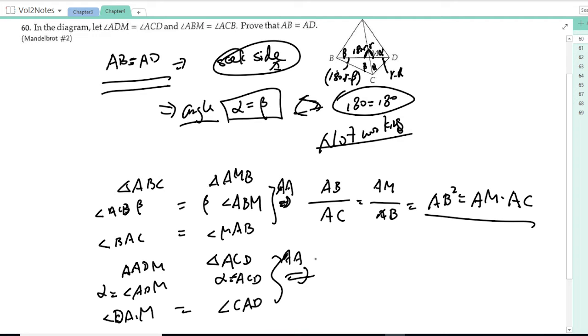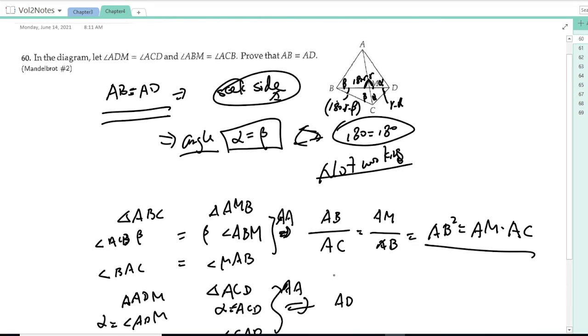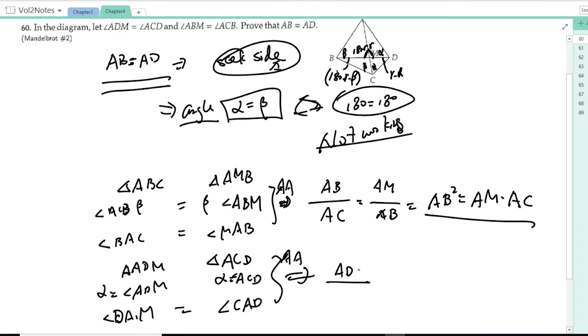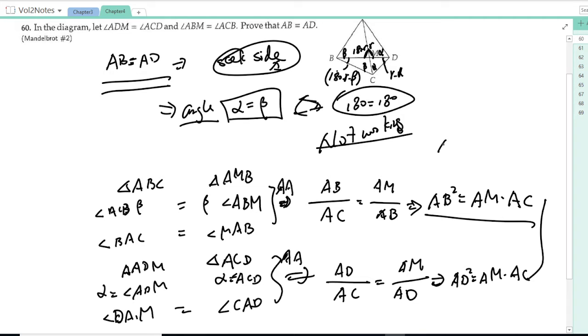Now AD corresponds to AC, and AM corresponds to AD. Then we have AD squared is AM times AC, right? So now using the similarity, we can prove that AB equals AD.